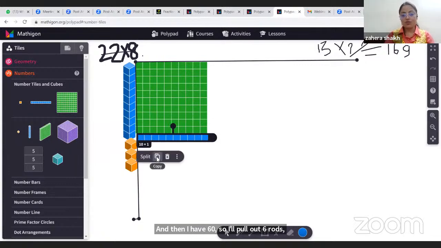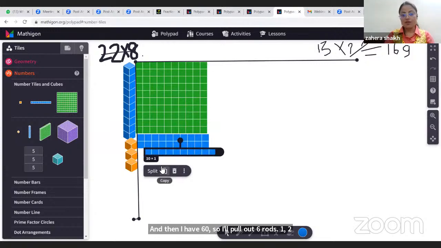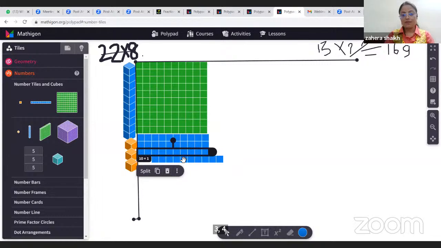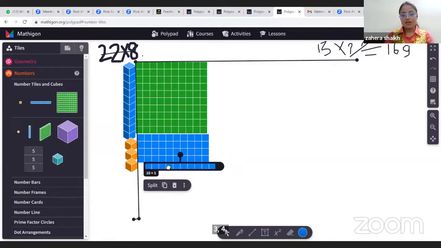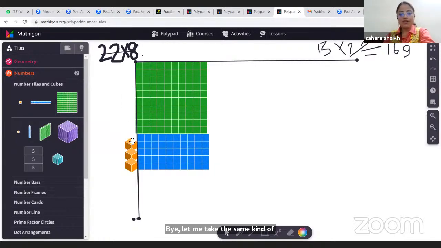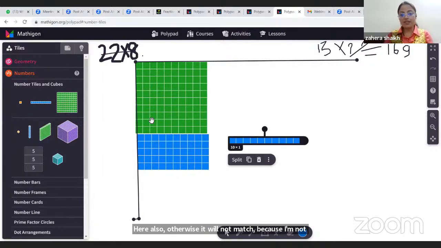1, 2, 3, 4, and 5. Let me take the same kind of visuals here also, otherwise it will not match, because I'm not taking identical units. It should be identical in nature.